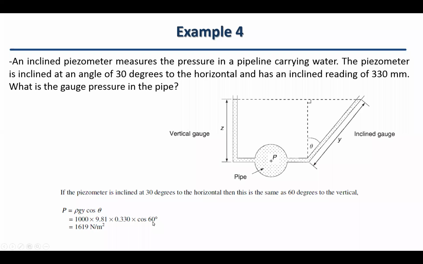Cosine 60 is a half, and the answer pressure is 1619 newtons per square meter.